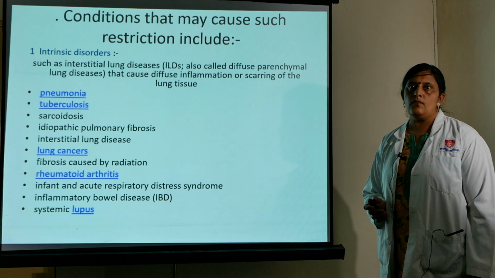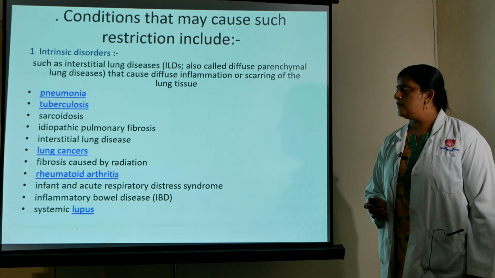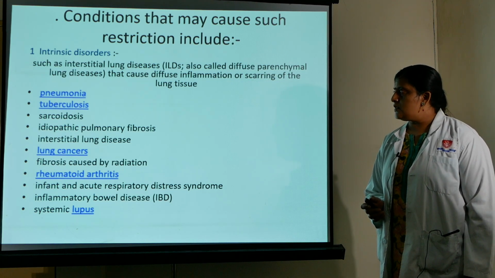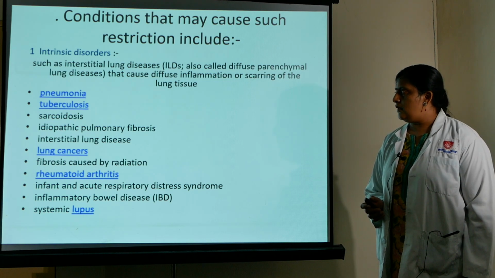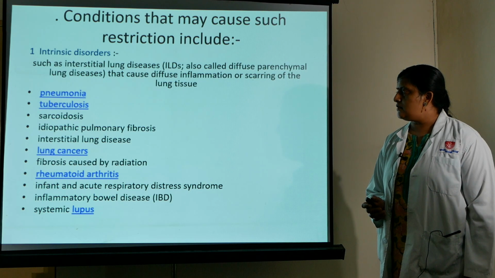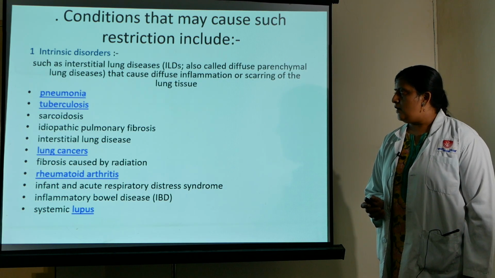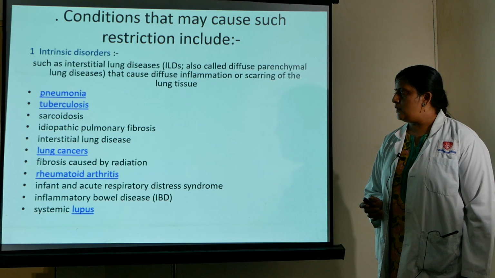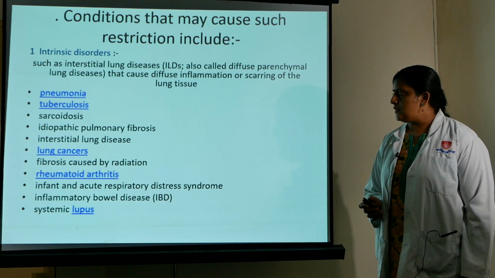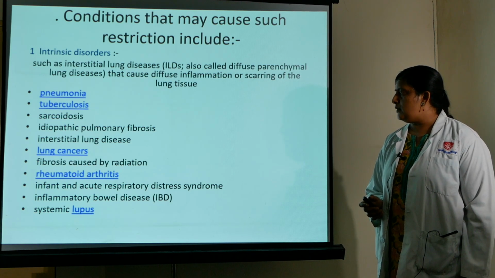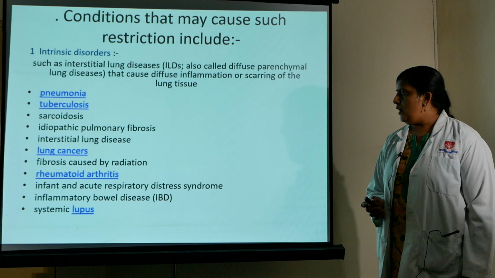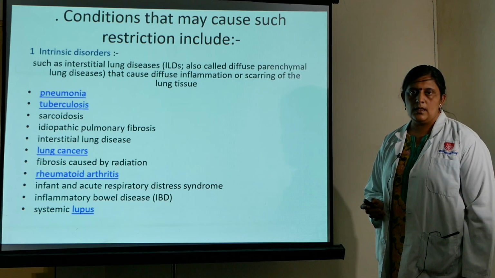Tuberculosis, which is very common in India. Then sarcoidosis, idiopathic pulmonary fibrosis, lung cancers, fibrosis caused by radiation, rheumatoid arthritis, infant and acute respiratory distress syndrome, inflammatory bowel disease, and SLE.